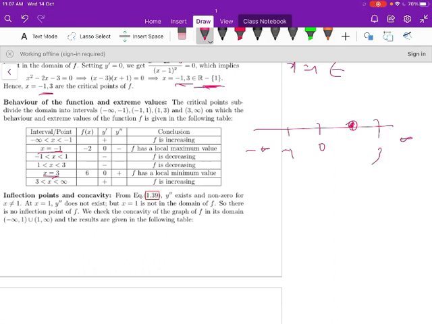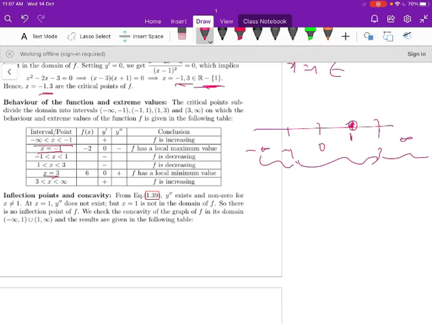Minus infinity to minus 1, minus 1 to 3 except at 1, and 3 to infinity. But you have to split the interval for 1 also: minus 1 to 1, open interval 1 to 3, and 3 to infinity, like this. We can split the interval.